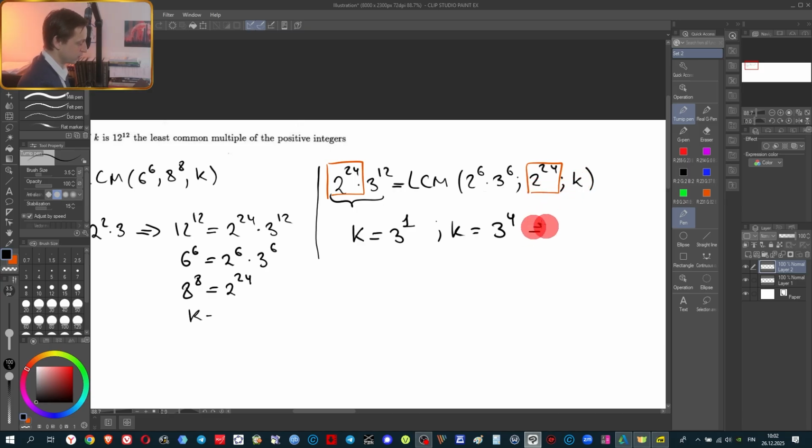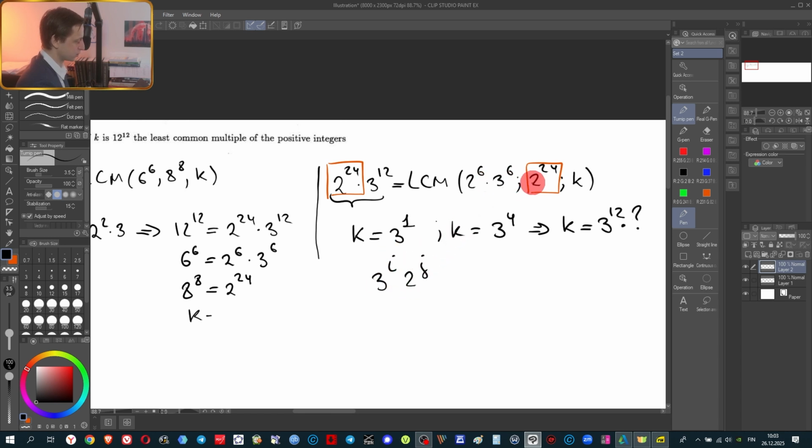So therefore, k must have 3 to the power of 12 in its prime decomposition, but it also can be multiplied by something else. And of course, what can be the other number by which this one is multiplied? Of course, it should be a power of 2, because this one can be divisible only by a number that looks like 3 to the power of i times 2 to the power of j.